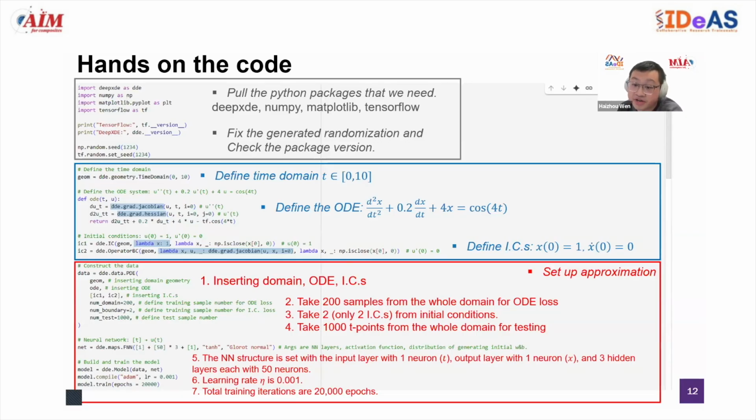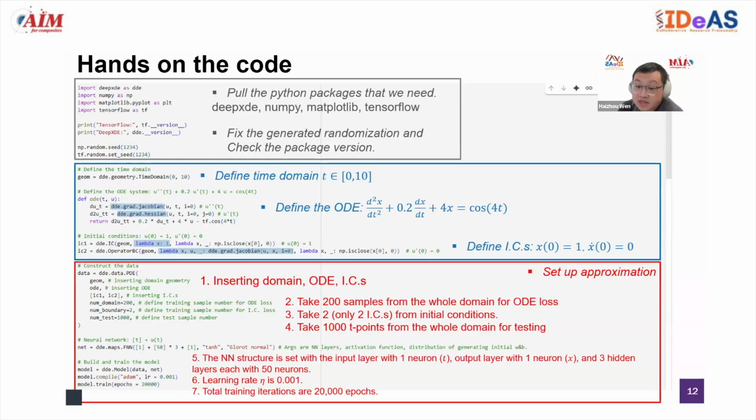Then we use the grad function inside DeepXDE to define the equation, where the first order corresponds to the Jacobian subfunction, and the second order corresponds to the Hessian subfunction. The u and t are the displacement and time here. The index arguments let the function know which derivative you want to define. Here i equals 0 means the first derivative with respect to t, and j equals 0 means the second derivative, still with respect to t.